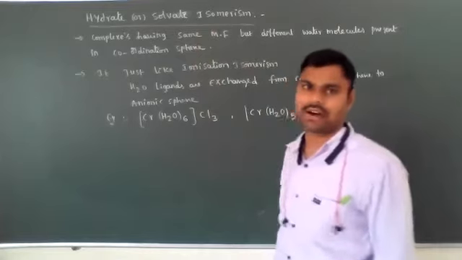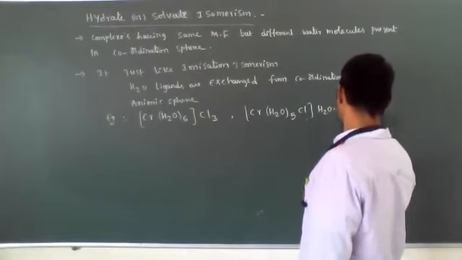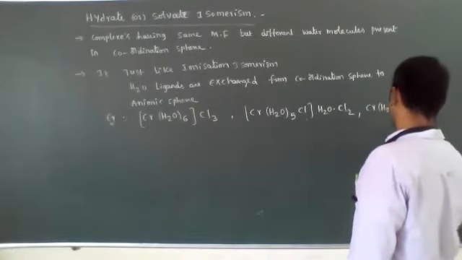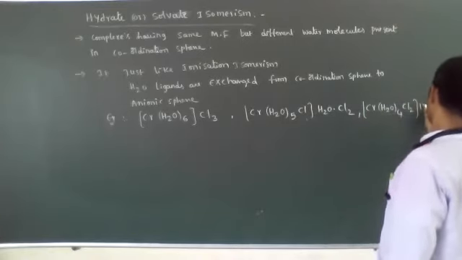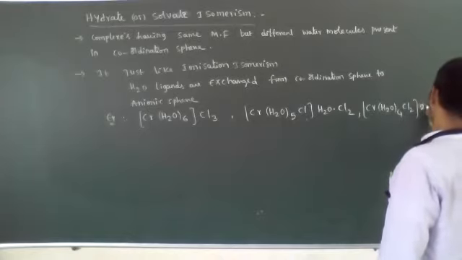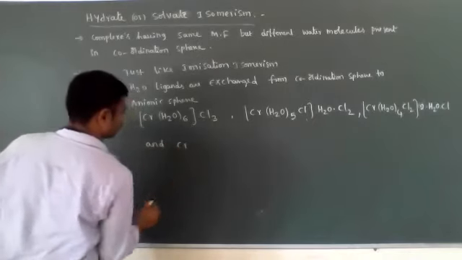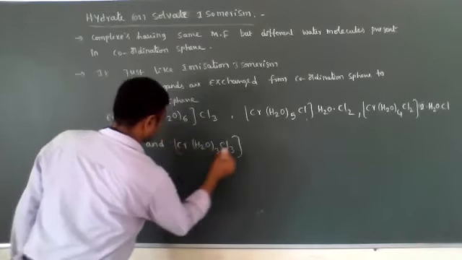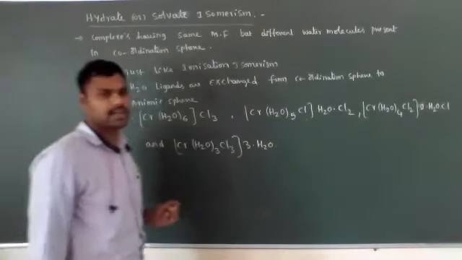That kind of isomerism is called hydrated isomerism. Then [Cr(H2O)4Cl2]Cl.2H2O, and so on. See, this kind of isomerism is called hydrated isomerism.